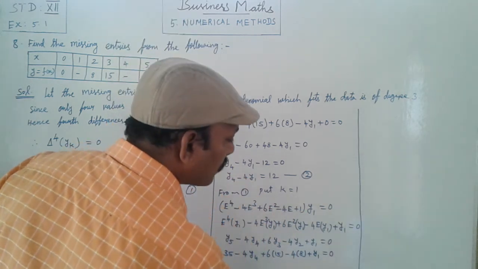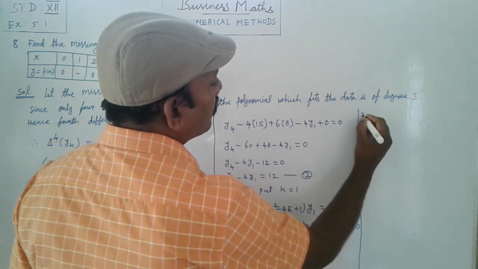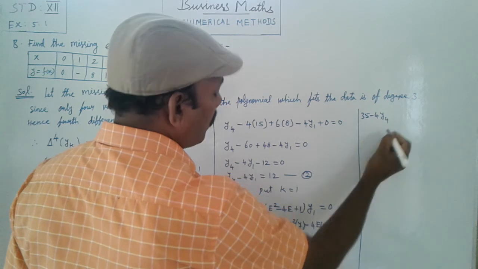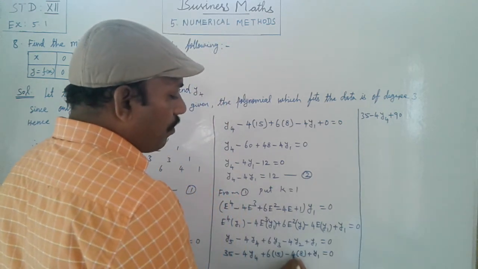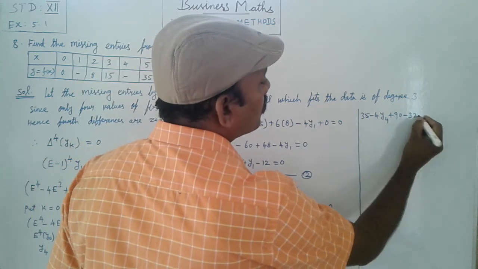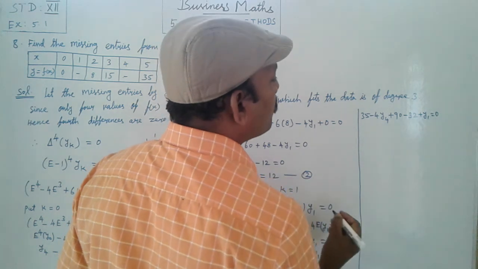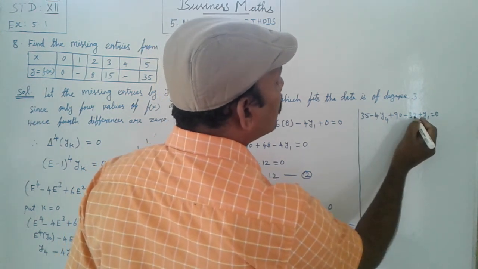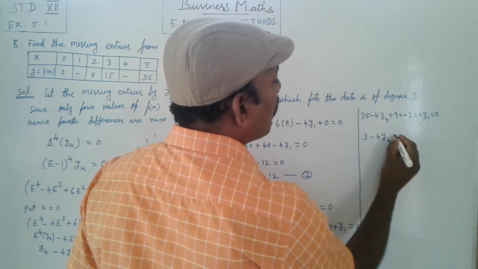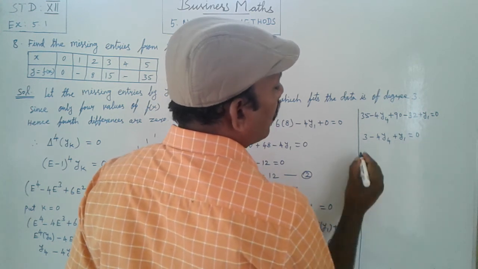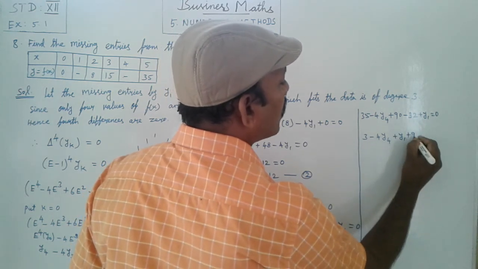Now we should simplify this. 35 minus 4y4, 6 into 15 is 90, plus 90 minus 4 8s 32 plus y1 equal to 0. 35 minus 32 is what? 3. 3 minus 4y4 plus y1 plus 90 equal to 0.